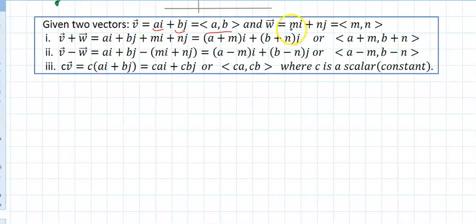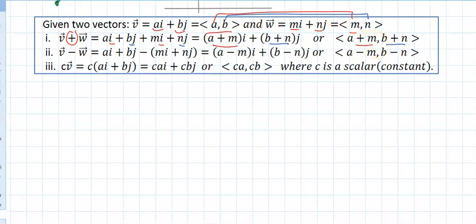And if I choose vector w to be m and n, well, if I add the two vectors, you simply add the i to the i and the j to the j, or simply just the j components and the i components.